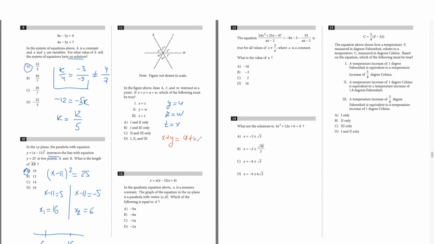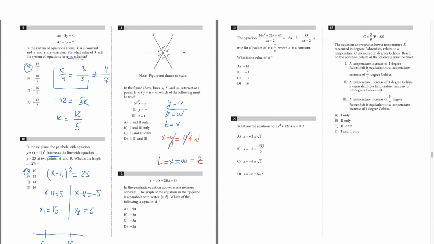Here we are given that y is equal to u, so we get x is equal to w. Oh, look, x is equal to t at the same time. So it means t is equal to w, and w is equal to z at the same time. So it means t is equal to x is equal to w and is equal to z.